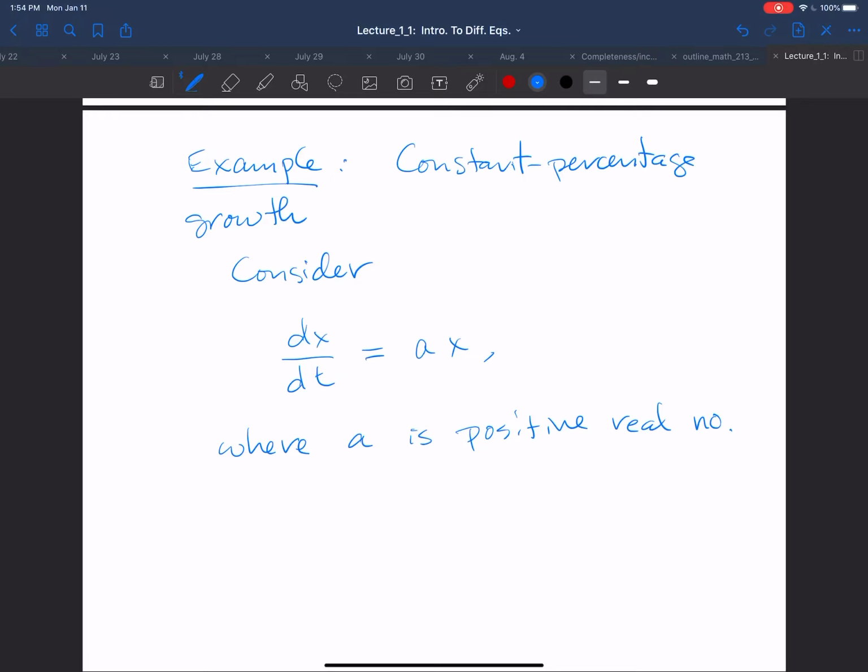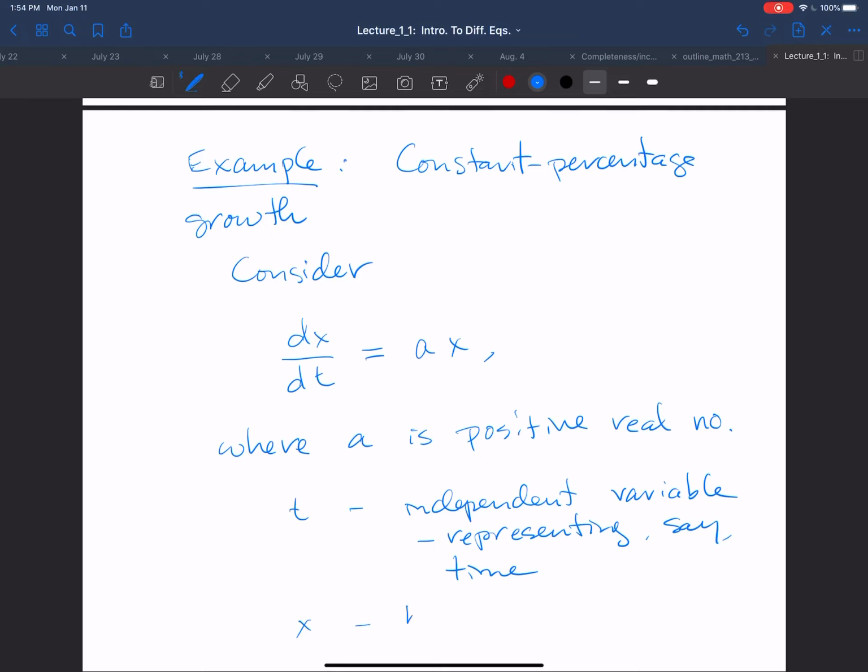Okay. So in this case, our independent variable is t. And we normally use the symbol t when we want our independent variable to represent time. So indeed, dx by dt is the rate of change of the variable x.